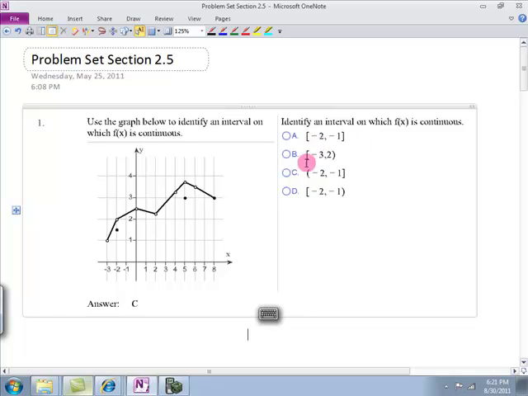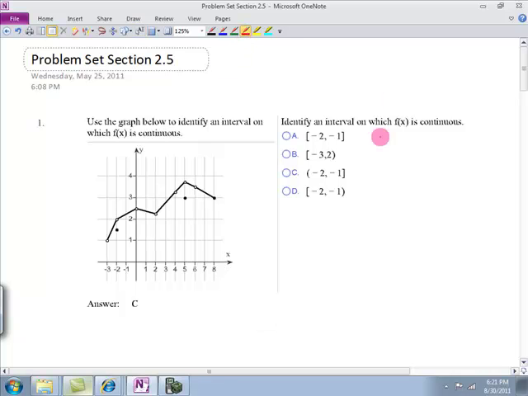And so we really need to look at our choices, because this is multiple choice. We can't just say, oh, it's from here to here. We need to look and see if it's true or not. Is it continuous? We also need to pay attention to whether we have a bracket or parentheses. If it's a parentheses, it means that's a boundary, but it's not really included. So if it doesn't work, it's okay. But a bracket means it has to work.